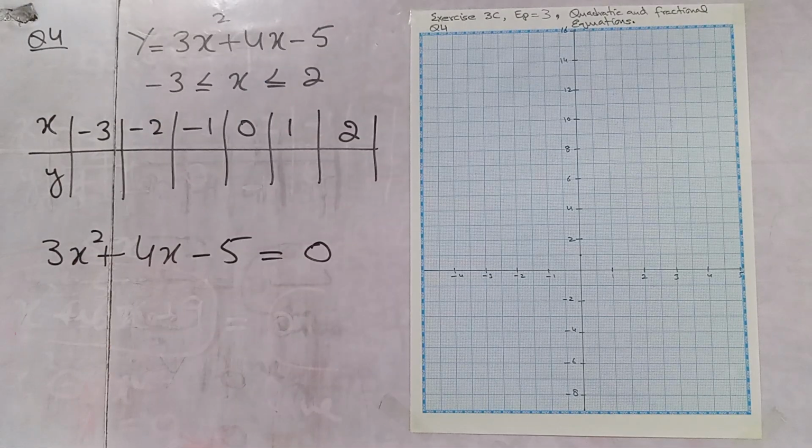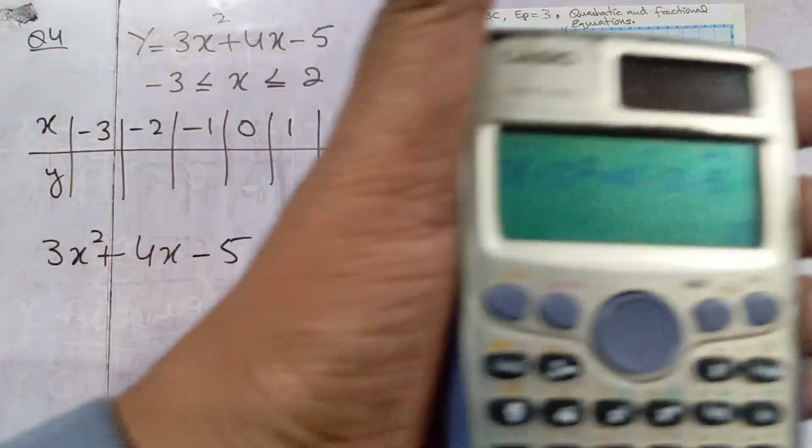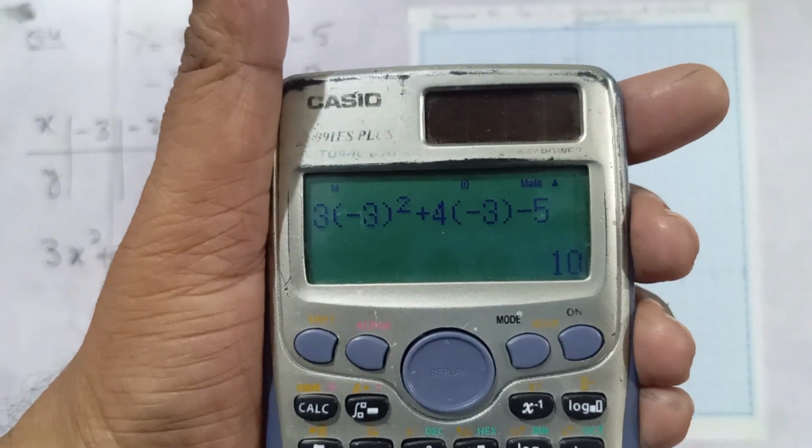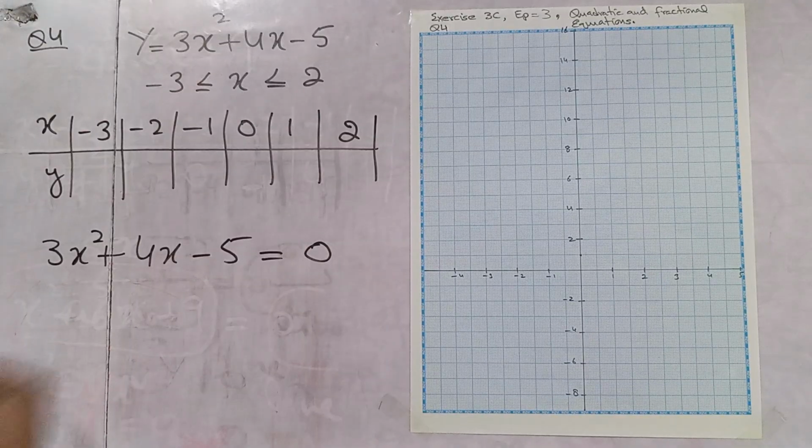First of all, I have to complete this table with the help of my calculator. So basically 3 bracket -3 squared plus 4 bracket -3 bracket close minus 5 equals, and I get 10. With the help of the calculator, we are filling this.